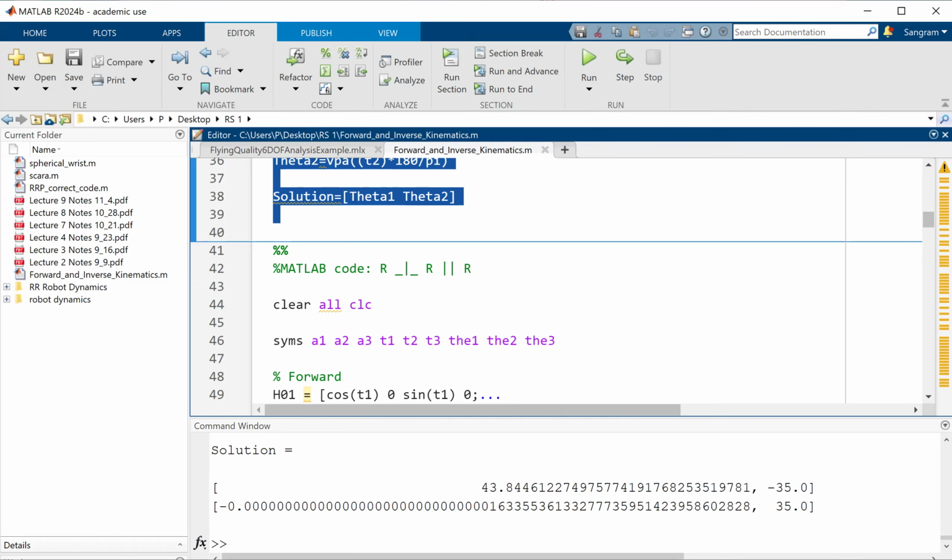So this inverse kinematics solver produces two solutions, and now you need to check which of these two solutions is the right solution. Everyone understood this? So this is how an inverse kinematics solver works. Everyone understood forward and inverse kinematics? Any questions?